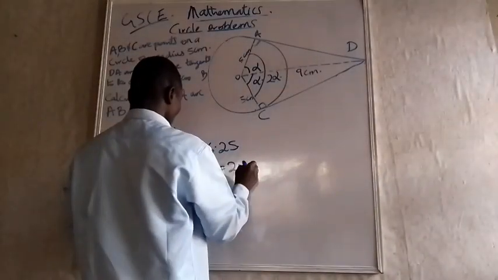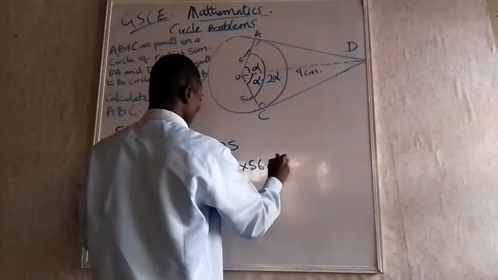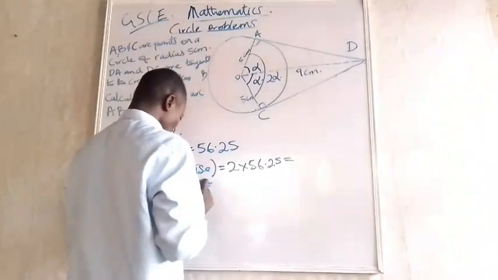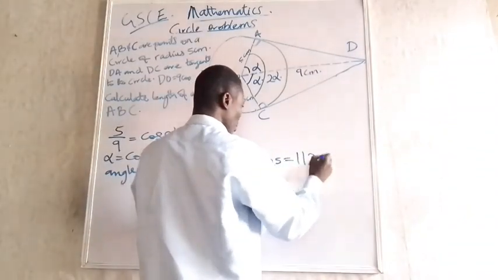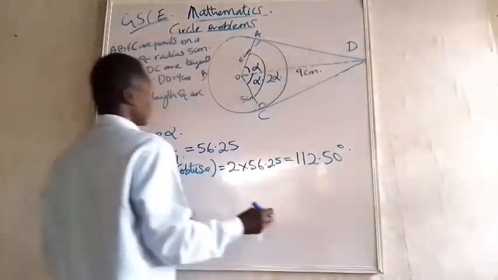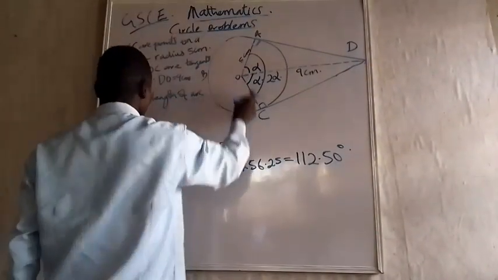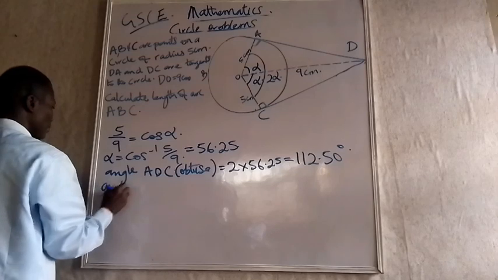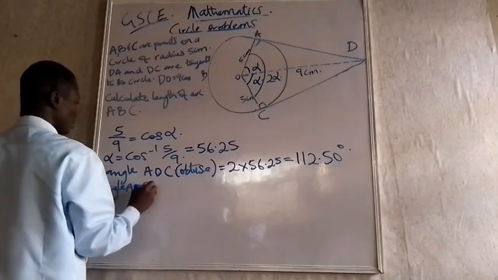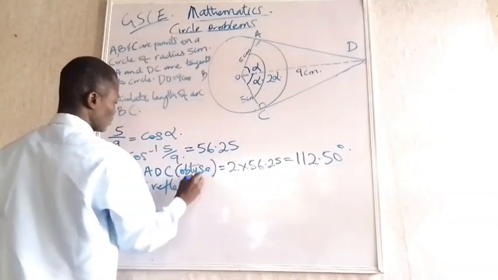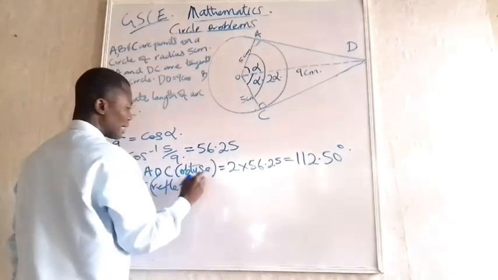It is equal to 2 times 56.25, which will be equal to 112.50 degrees. So the angle we need is this place, angle AOC reflex. That is the angle we need.